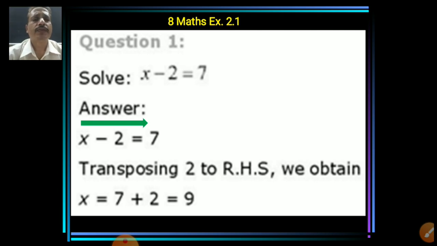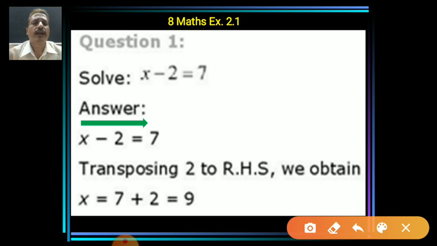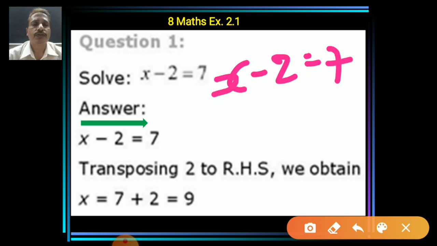Okay, so it is very easy. First question is here. That means x minus 2 is equal to 7, which gives this 2 has to move to the right side. That minus number, minus will become a positive number. Transposing to the RHS, that means the right hand side.